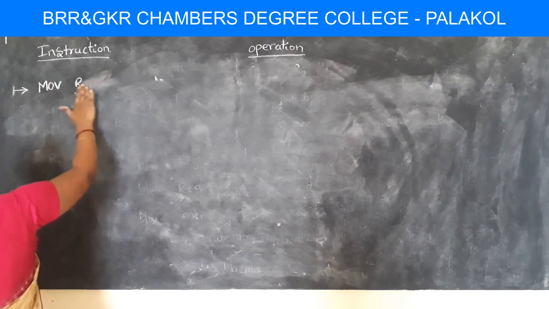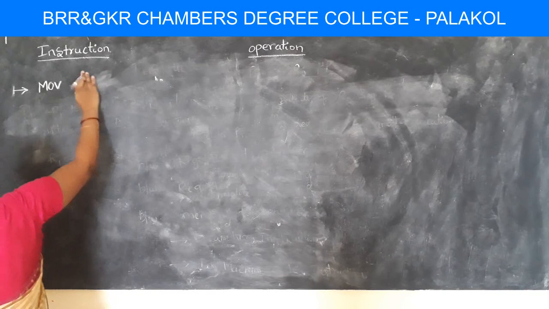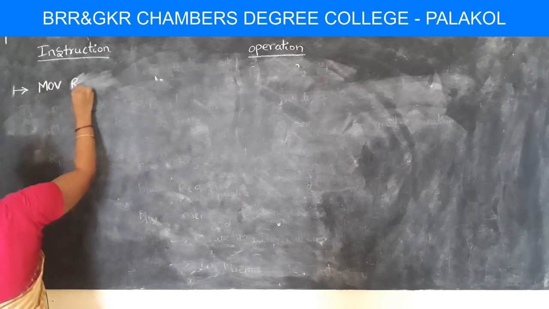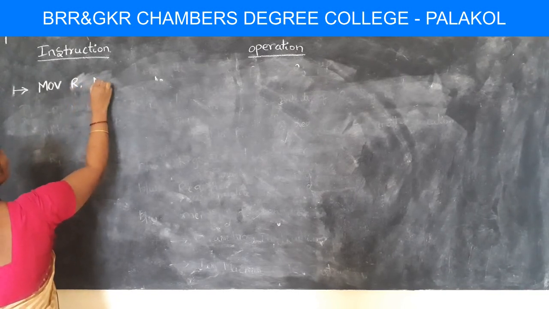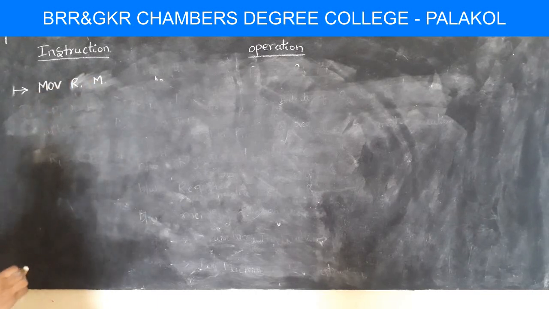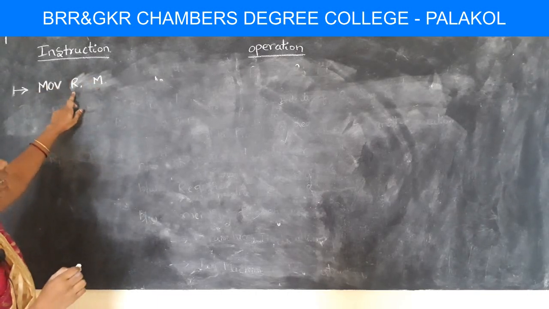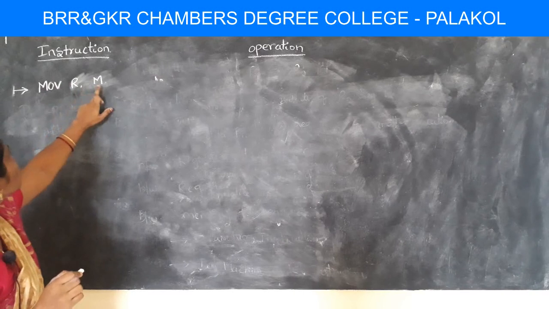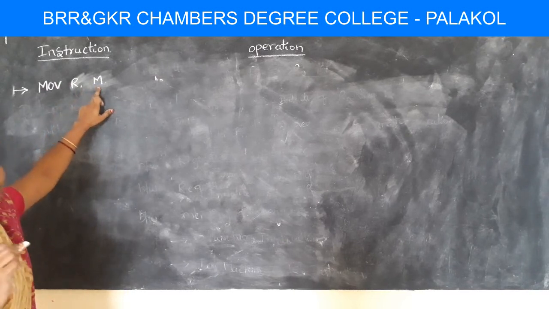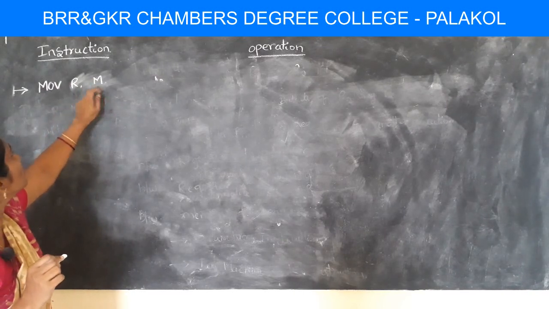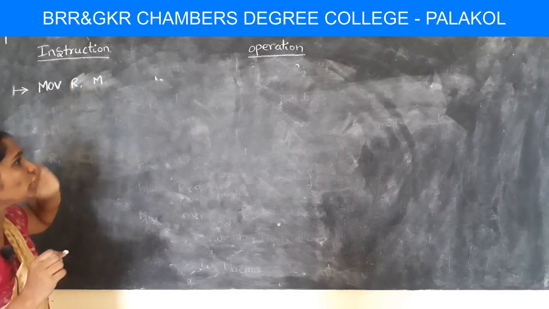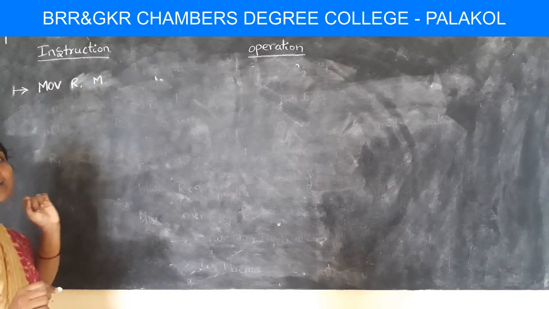register to memory. That means here register to memory. So here this is the memory and this is a register. So here memory is nothing but it shows in which place the address is stored.